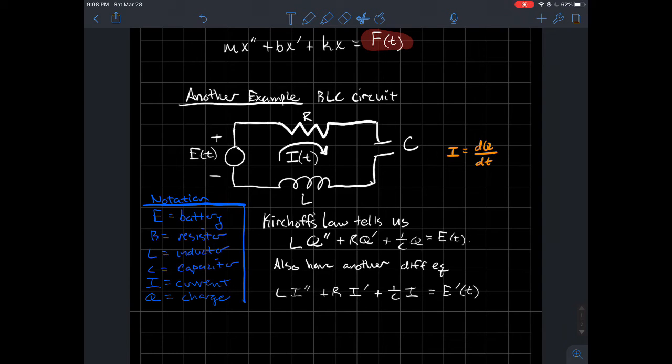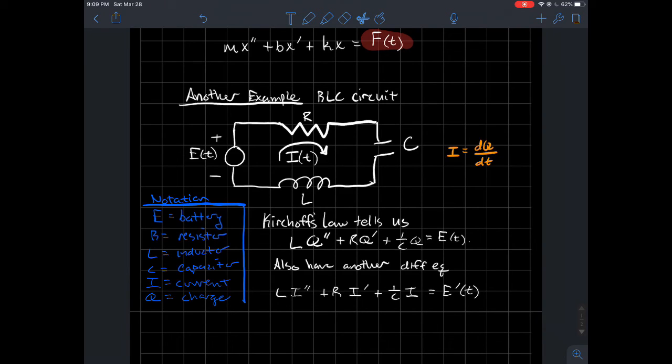On the left-hand side is the sum of what are called the voltage drops over each part of the circuit. If you differentiate that equation, you get a differential equation that models what the current is doing, just by differentiating each term in that equation.